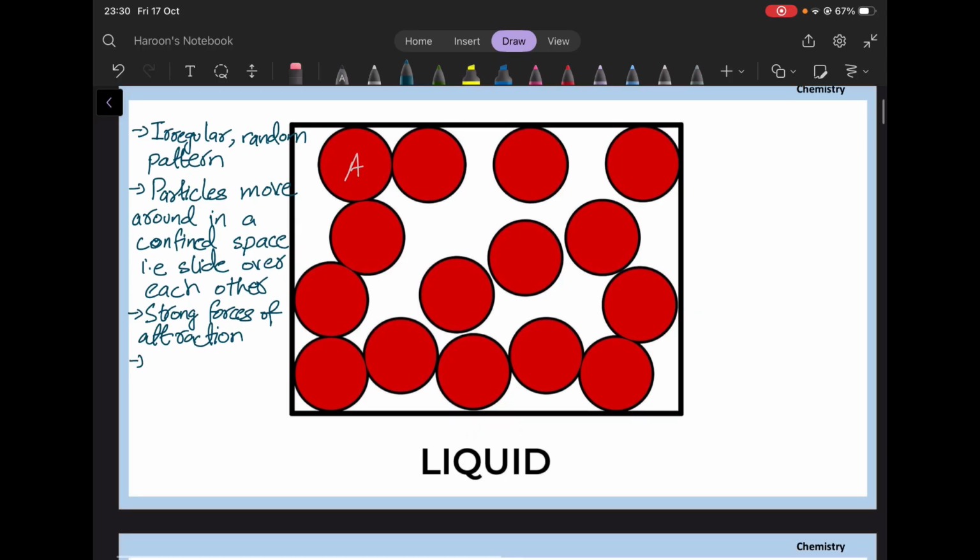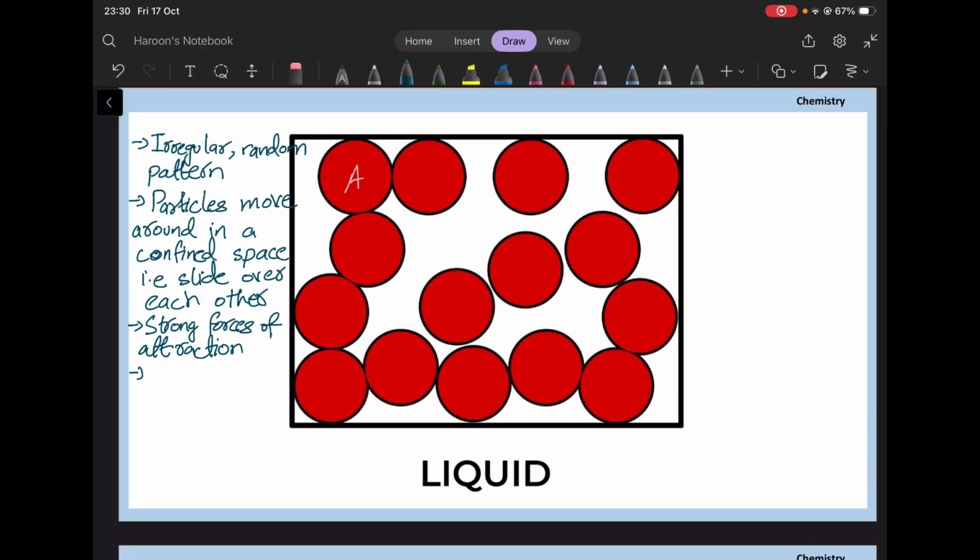The volume over here for liquids, although we see some empty spaces in between, for our syllabus, liquids can actually in reality be slightly compressed, but that is not what we'll state in our exam. In our syllabus, we'll say they have a fixed volume.